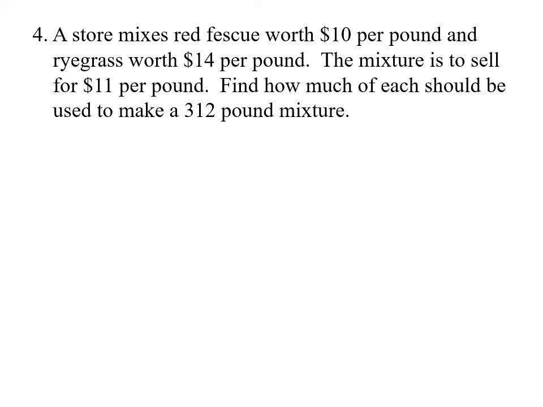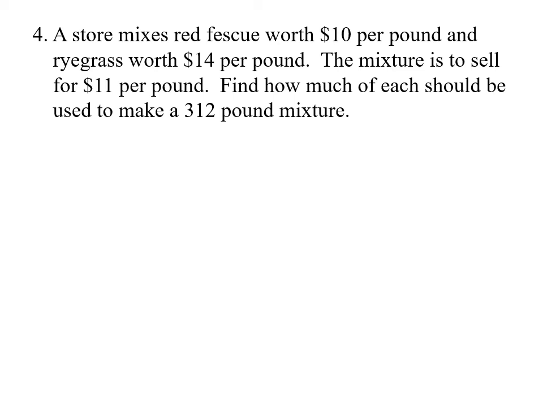They want to know how much of each should be mixed together to make a 312-pound mixture. So you're mixing it all up, and you want to end up with 312 pounds that it can sell for $11 per pound.